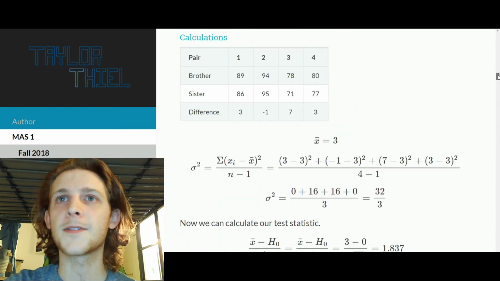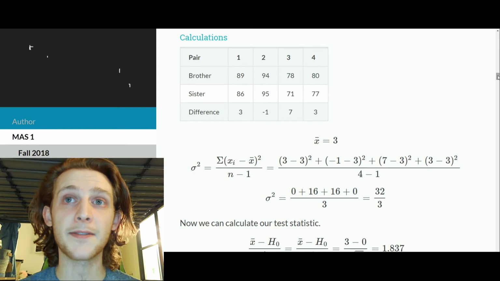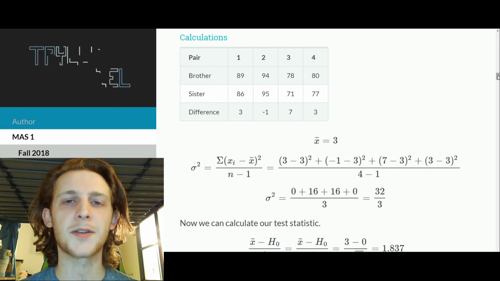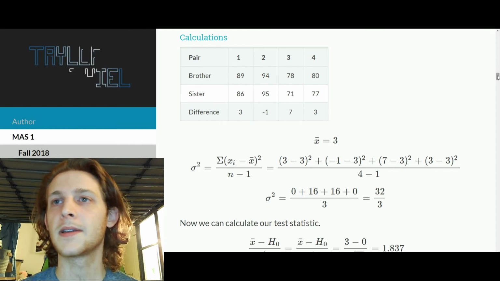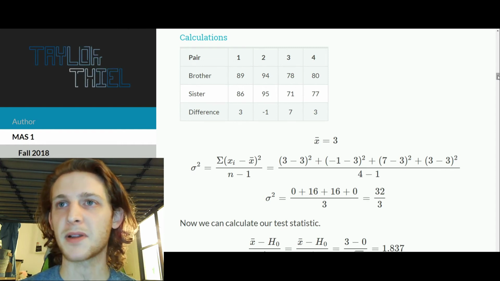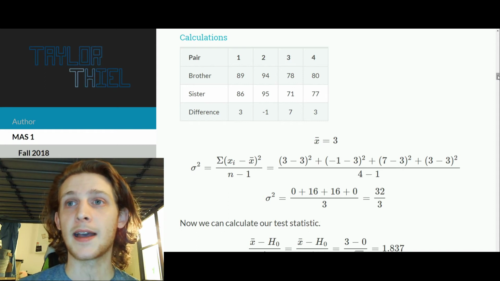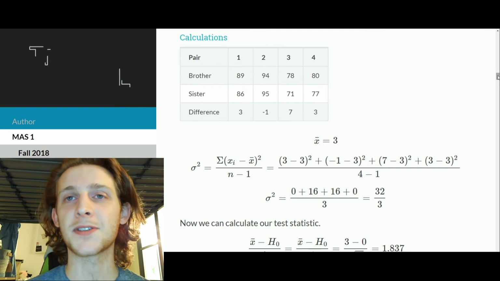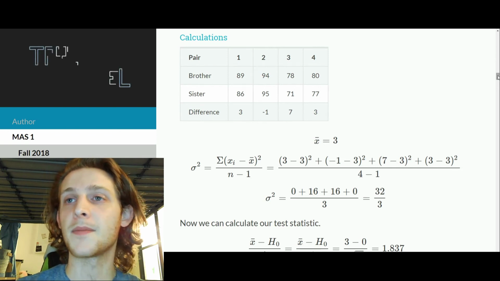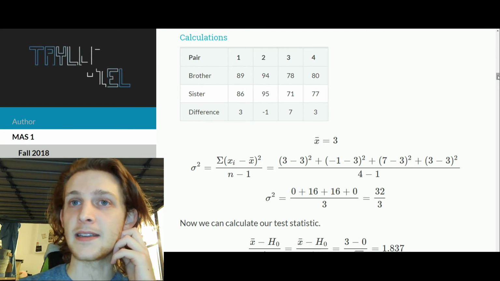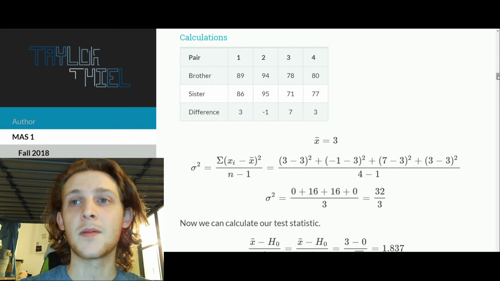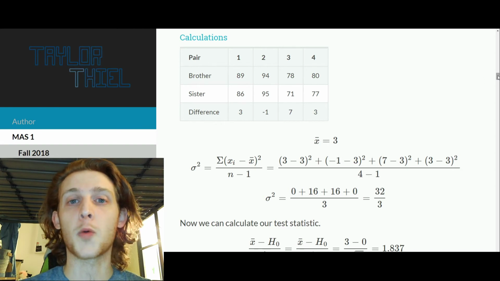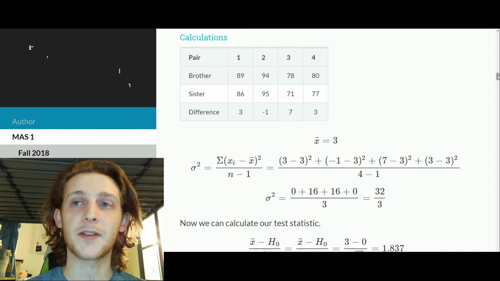So first up, just calculate those differences. So 3, -1, 7, and 3. I'm doing the brother minus sister. You could also do it the other way around. Our sample average is going to be 3. I have written out here how to calculate the variance estimate, sigma hat squared, by hand, but I would recommend getting familiar and quick at calculating variances with your calculator.